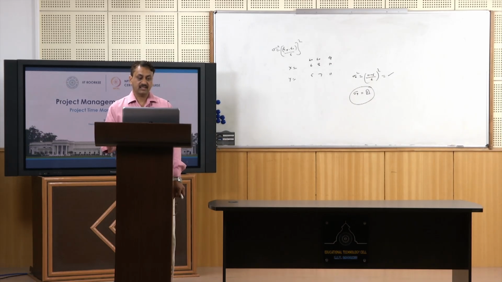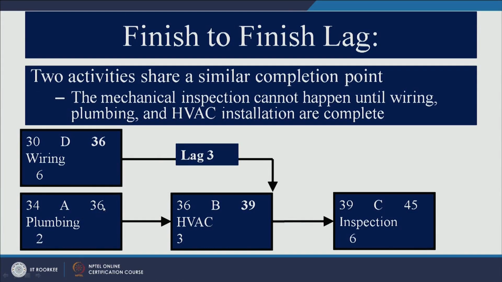Plumbing starting on the 34th day, since it is taking 2 days, so you are completing it on the 36th day. Now, there is one more activity, it is called B, heat, ventilation and air conditioning, HVAC. So, this activity will start on the 36th day, it will take 3 days and it will complete on the 39th day.